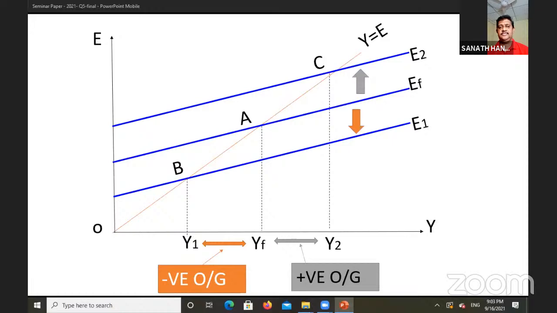Right, write down. Output gap is the difference between actual output and potential output.